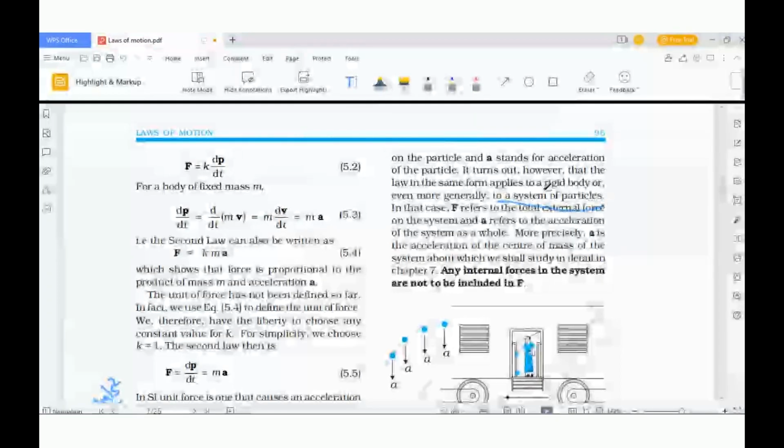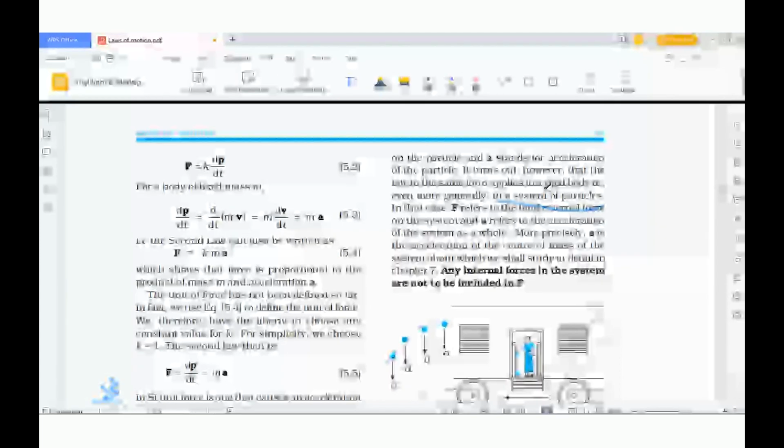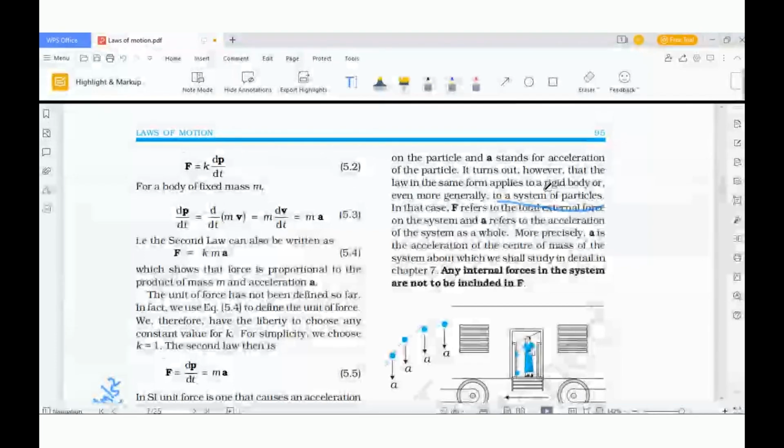Rigid body means the elongated objects. In our daily life, we are not just dealing with point particles. We have a car which is moving, vehicles that are moving, and other objects kept at rest. The bulk objects are what we call a rigid body, which can be imagined like a system of particles.